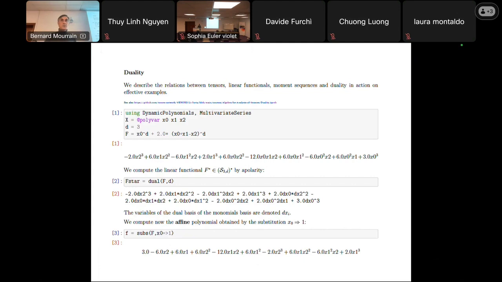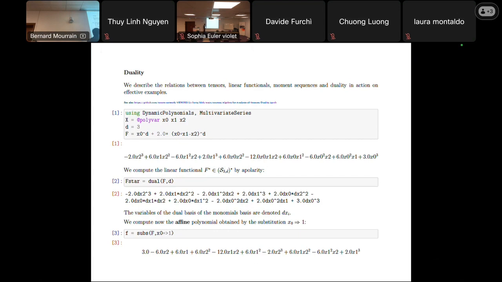And just to show you that this is effective, here are some examples in Julia again. So we are given the variables x0, x1, x2, the degree is 3, and we look at this form, which is the sum of two powers, x0 plus x1 to the power 3 and x0 minus 2 x1 to the power 3.